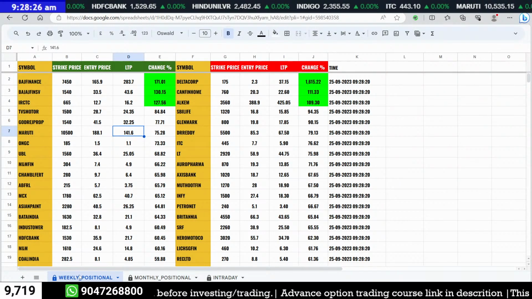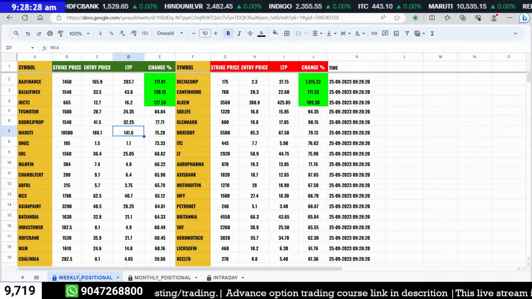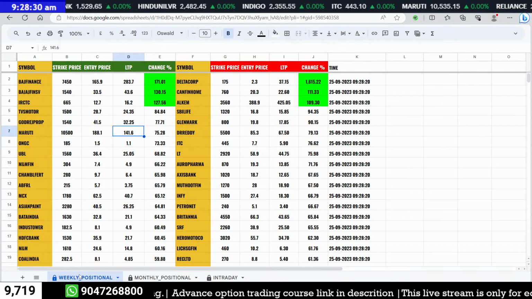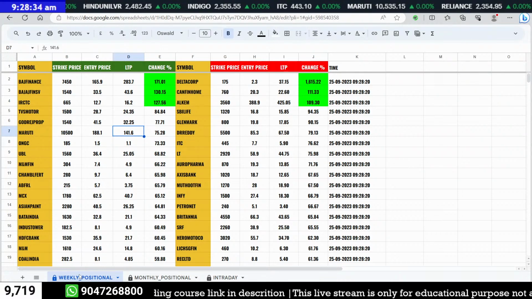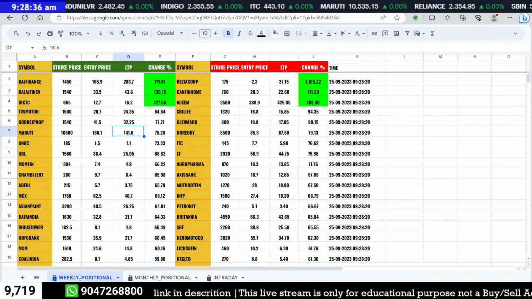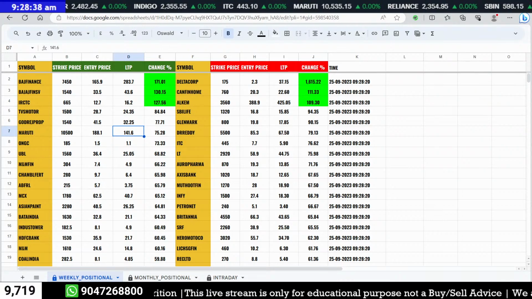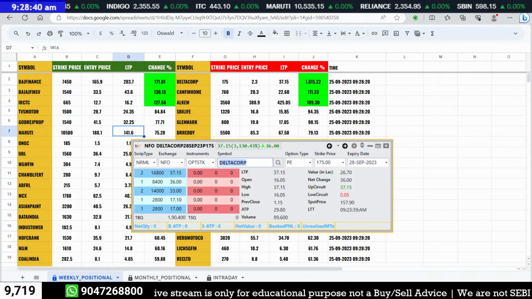Weekly TVS Motor is 84 and the remaining 3 are triggers. And Godrej Properties is nearby 41.5. Maruti and ONGC would be here, 185, 1.5.